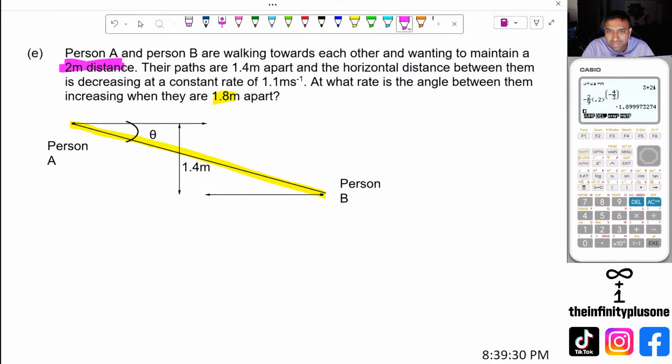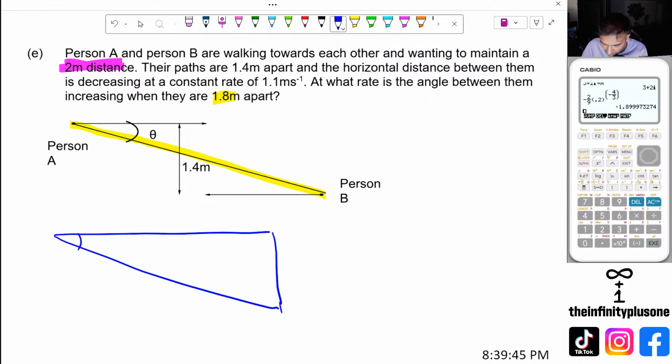Now, if you look at the diagram, I'm going to draw it slightly different, where this is your theta, this is 1.4 meters, because the 1.4 meters is still the pathway. So you've got something like this, and let's say this is the yellow part here. That's just a rough idea of the diagram.